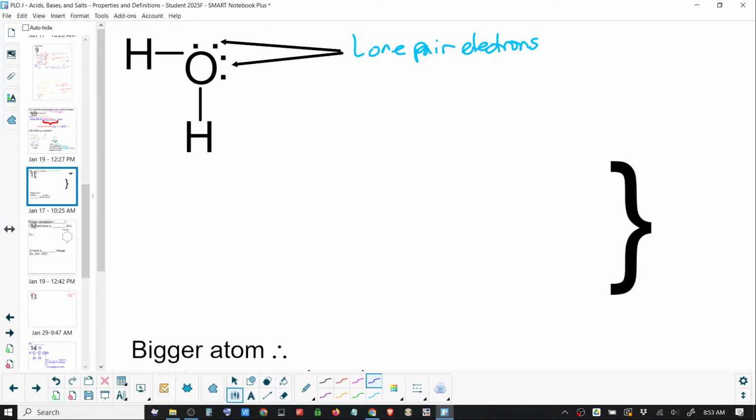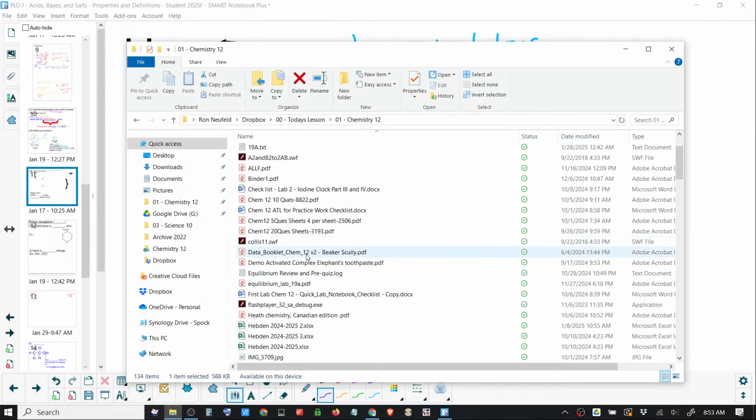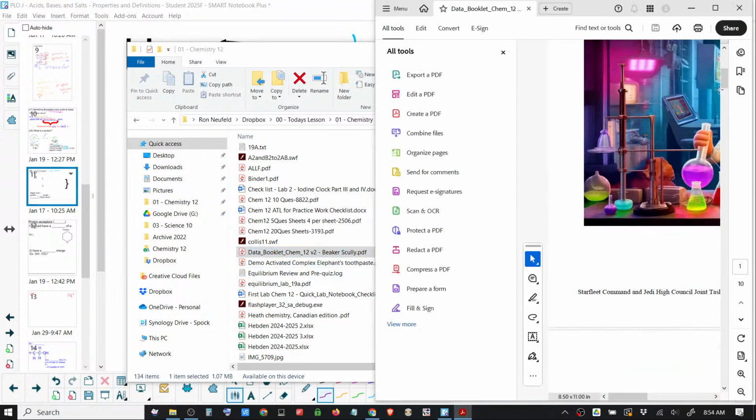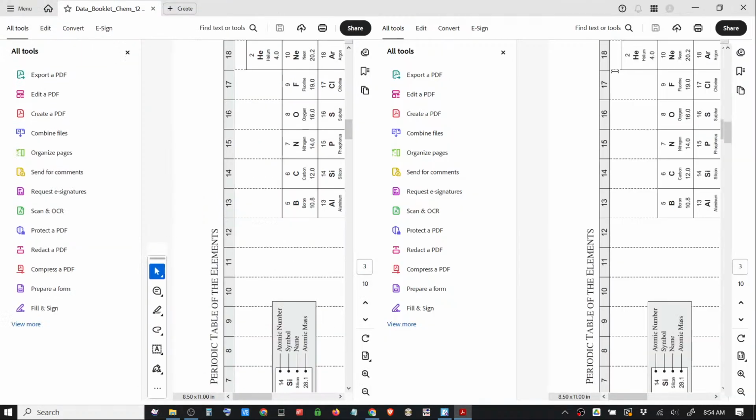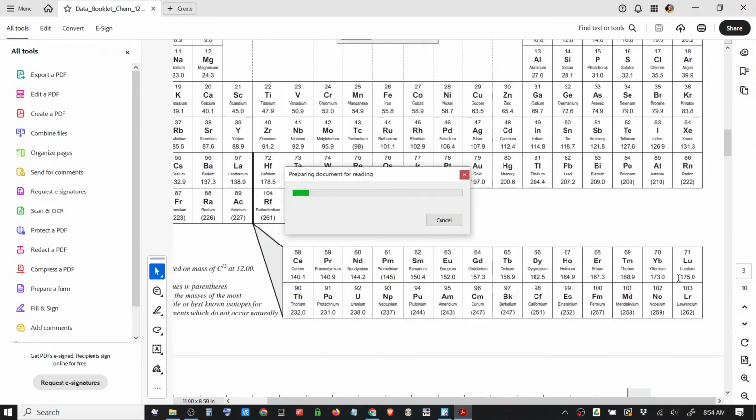Turn to page 6. Oh yeah. Is that new? So it actually has it.